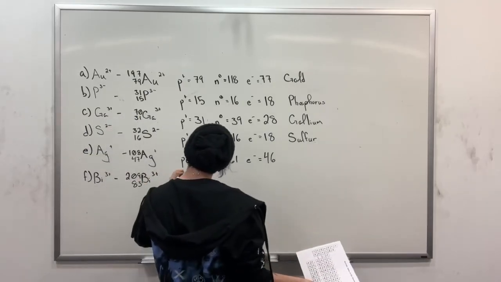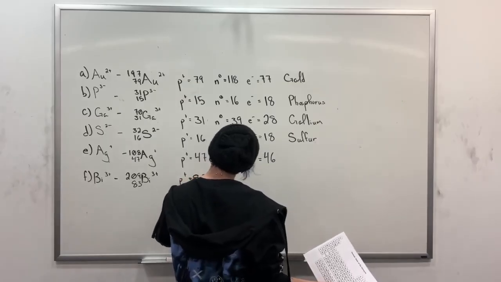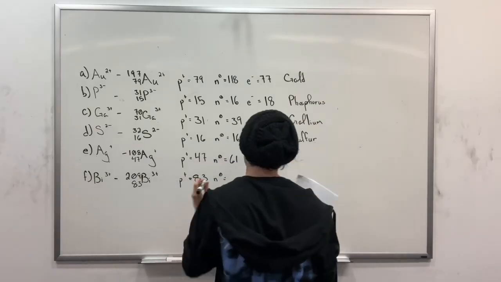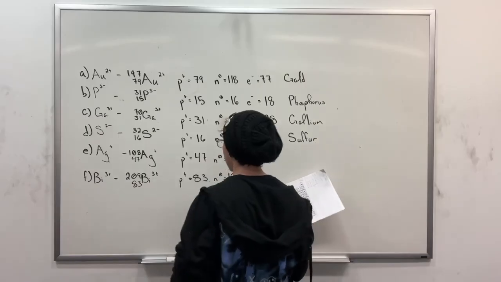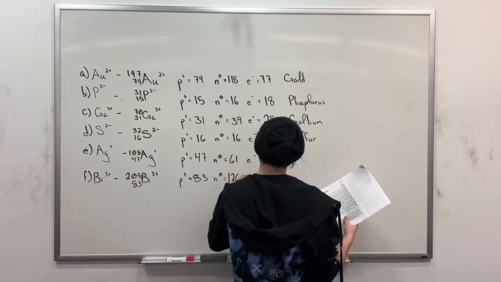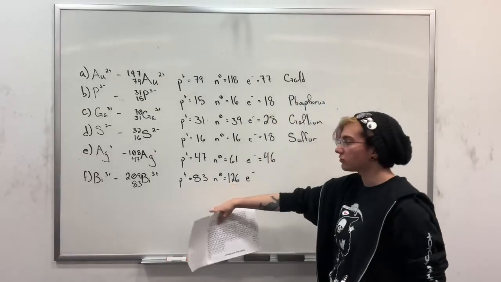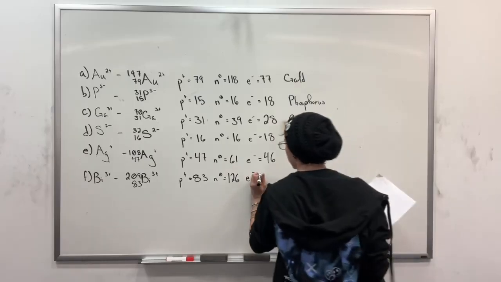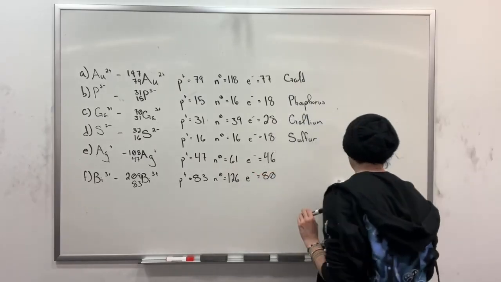So number of protons, 83. Number of neutrons then is 126. 209 minus 83. Number of electrons, positive charge, we have more protons. 3 plus, we have 3 more protons than we do electrons, so we have 80 electrons.